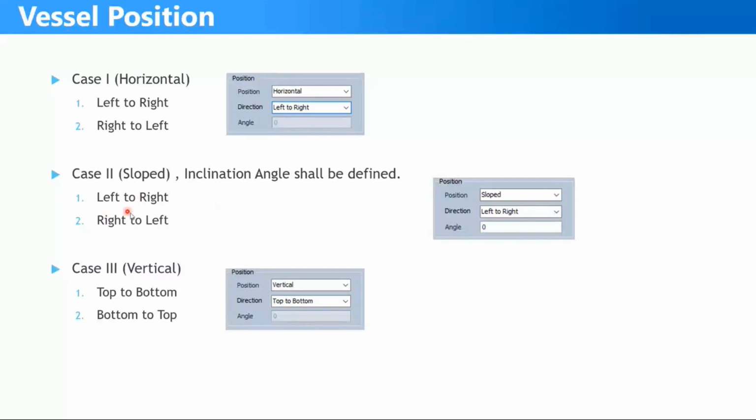So the same direction of the assembly, you can start from left to right or right to left. The third case, which is vertical vessel, you can change the position of the vessel to a vertical position, like in vertical storage tanks or vertical vessels or columns. So you can select the position as a vertical vessel. The direction of assembly, you can modify it to start from top to bottom or bottom to top.